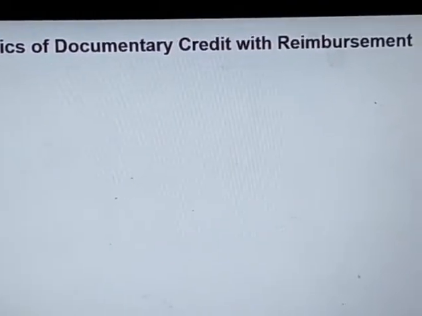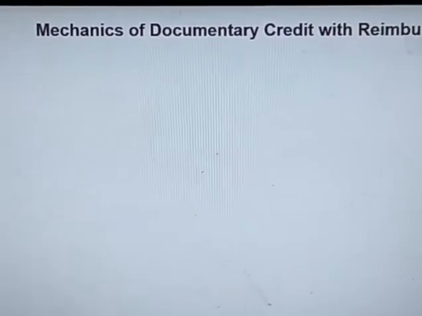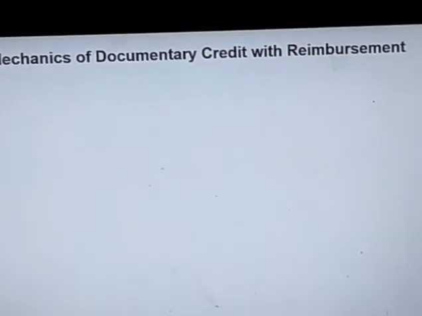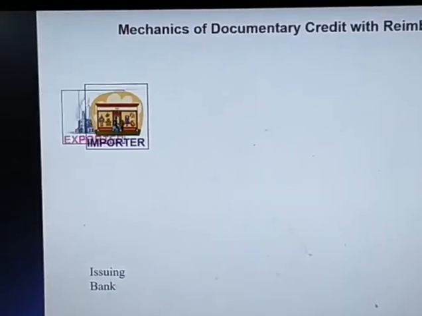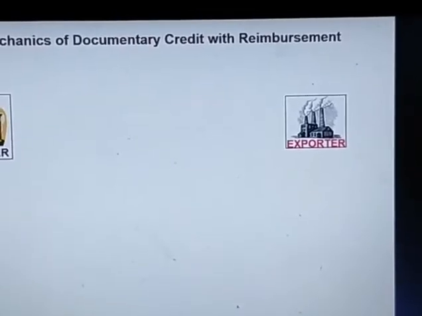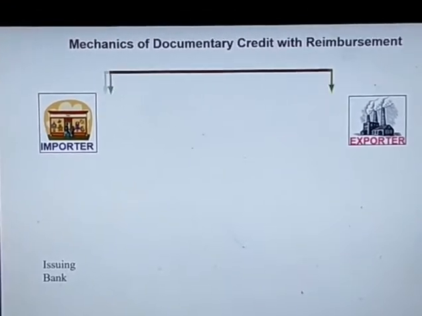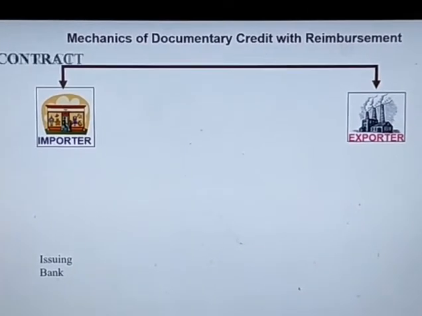Let us see the mechanics of documentary credit with reimbursement under URR. Please see it. Here importer and exporter, and in between there is a contract.